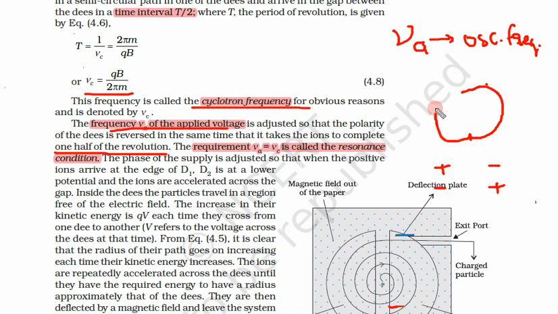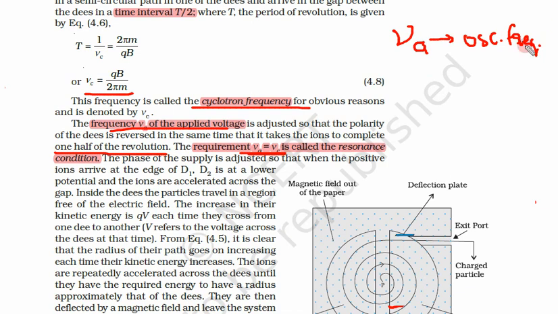Again it starts, it reaches here, it again becomes positive, this becomes negative. So here it is one oscillation, from positive to positive, and the oscillation of the particle is also one. So that's why the cyclotron frequency and the frequency of the oscillator are both the same.